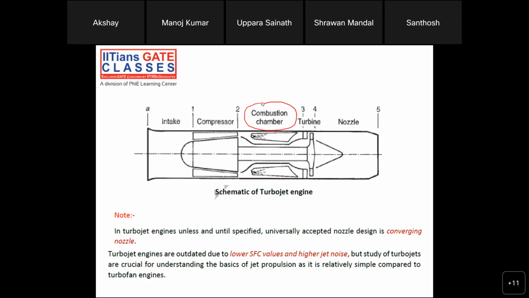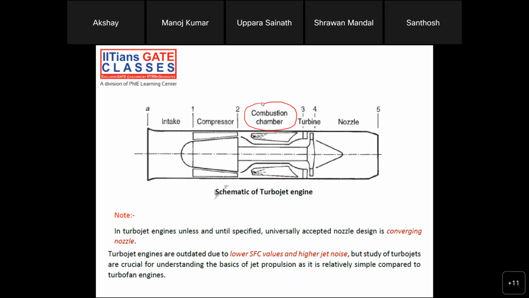So basically the combustion chamber is the important part. The important role of a combustion chamber is to give that particular energy which is required to sustain that particular cycle, right? Yes, sir.